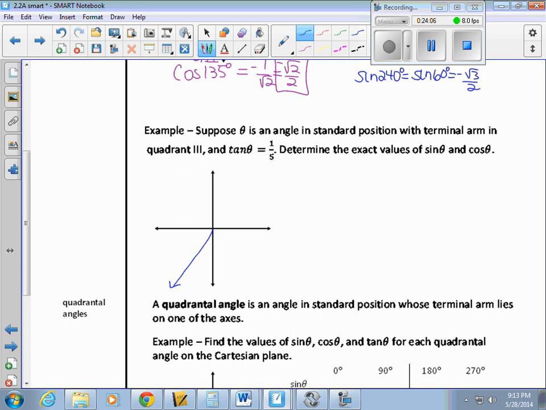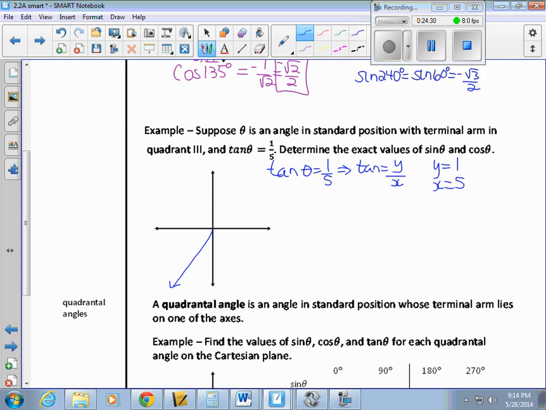So if tangent theta is equal to 1 over 5, and I know that tangent is equal to y over x, then what I do know is that y is equal to 1 and x is equal to 5.